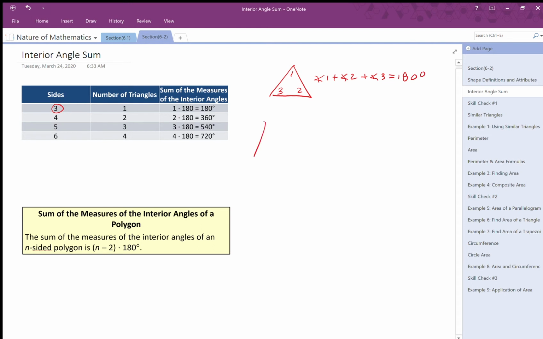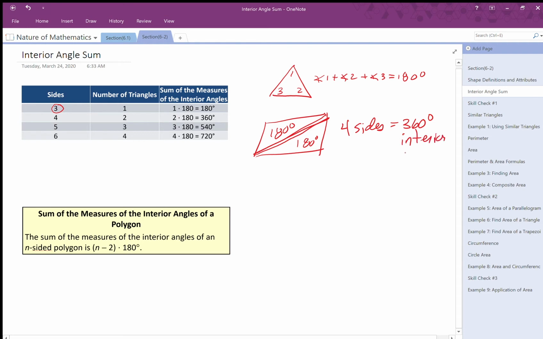But a 4-sided polygon, we can cut that into 2 triangles, and that means that those 2 triangles have 180 degrees each. So 4 sides equals 360 degrees as the sum of interior angles. And we see that with 4 sides, there are 2 triangles and 360 degrees.